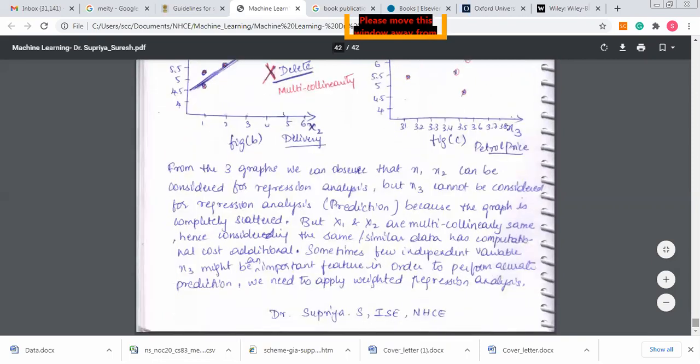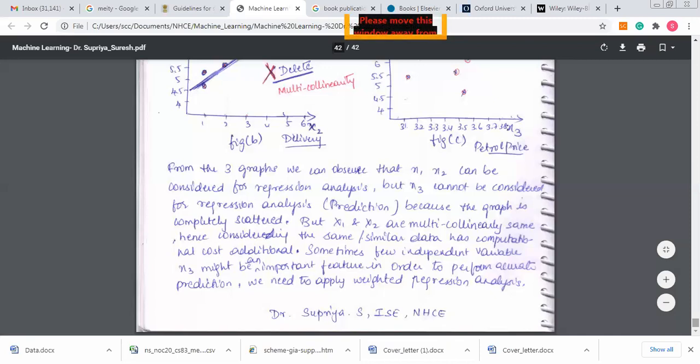From the three graphs, we can observe that x1 and x2 can be considered for regression analysis. But x3 cannot be considered for regression analysis because the graph is completely scattered. As I told you, with figure C, the petrol price, x3, you can see that the graph is completely scattered.